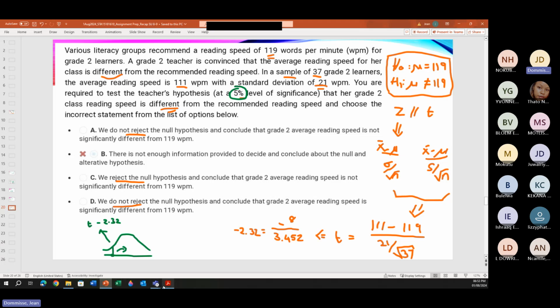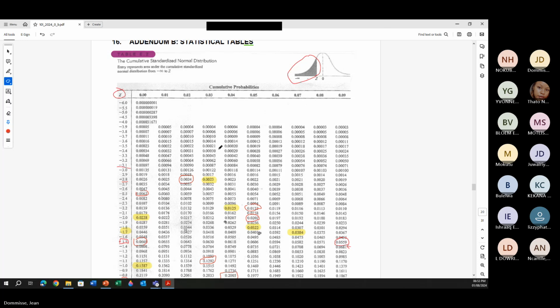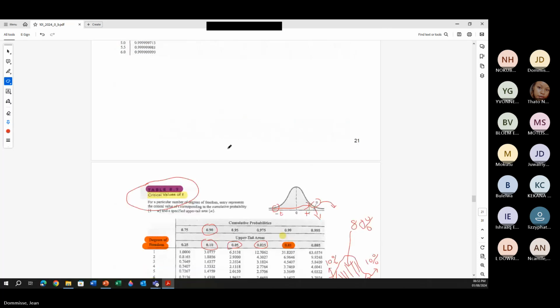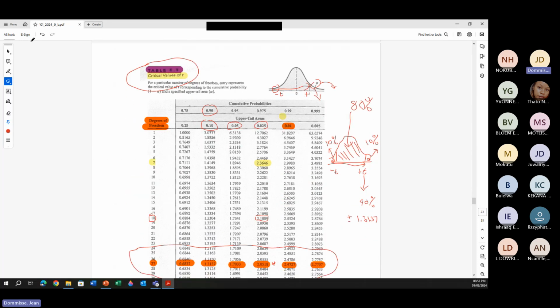So let's quickly check 5%. Let's take all of this out.